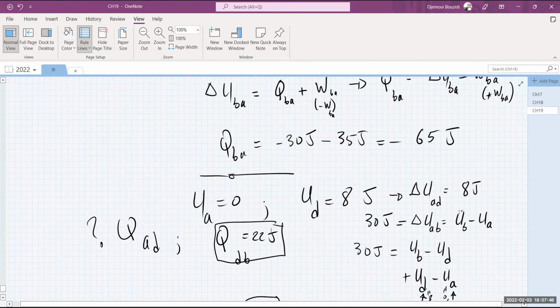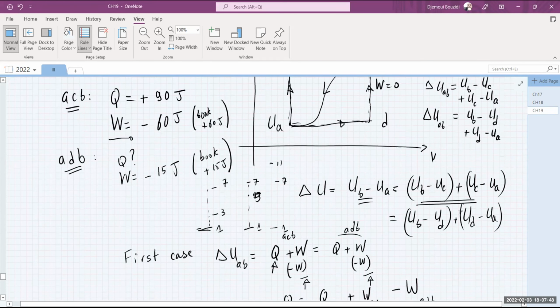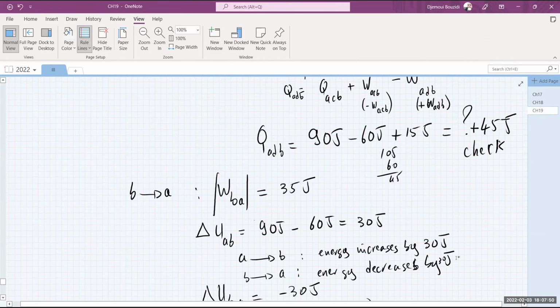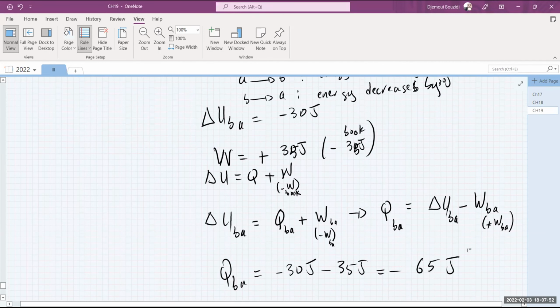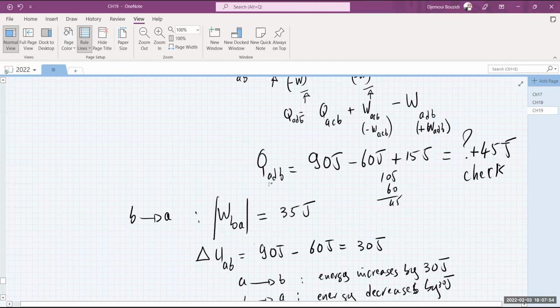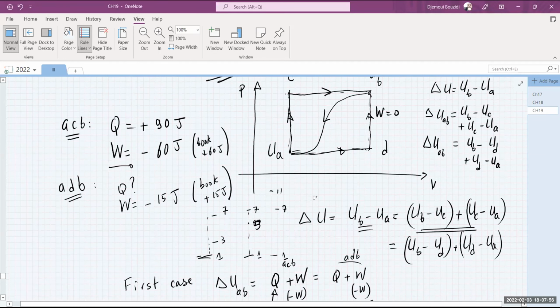22 of these joules are from B to D. So if we remember the calculation that we did, and we found 45 joules, what is the 45 joules? Here, it's from A, D, B. From A, D, and B, we found 45 joules. Here, 22 joules already. So here, we must have 23 joules added in this section.